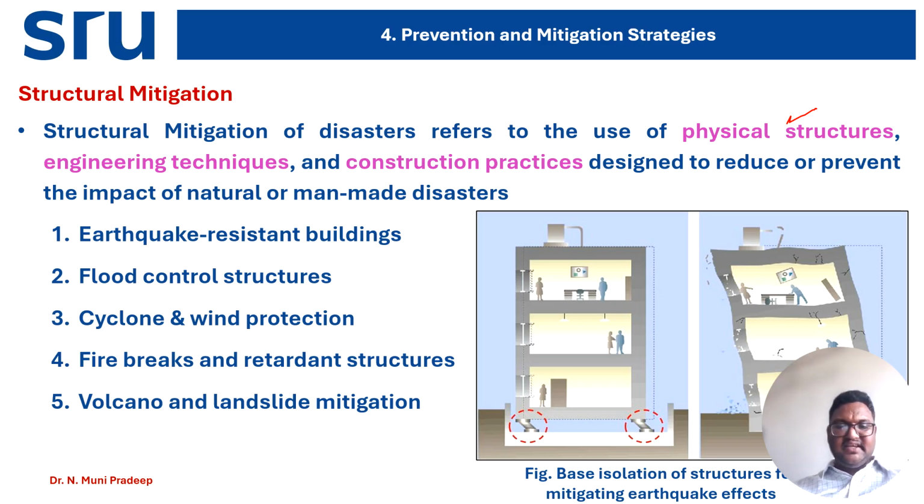Here you can see the first one is earthquake resistant buildings, the flood control structures, cyclone wind protection, the fire breaks and retardant structures, the volcano and landslide mitigation. These all come under structural mitigation.